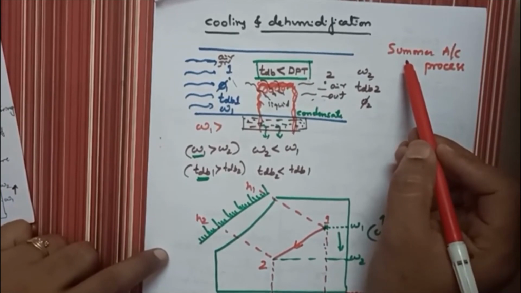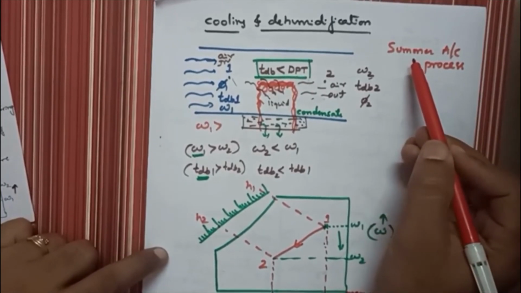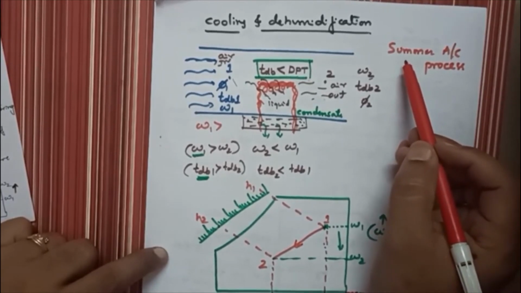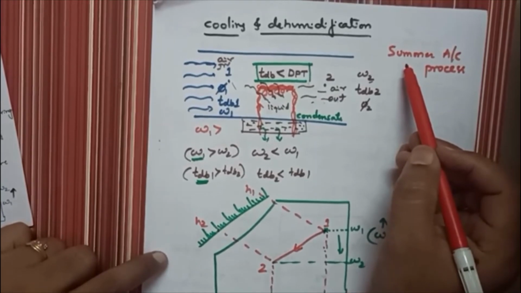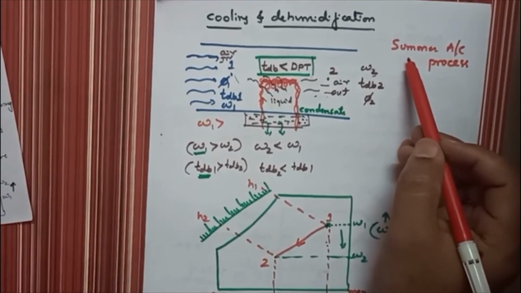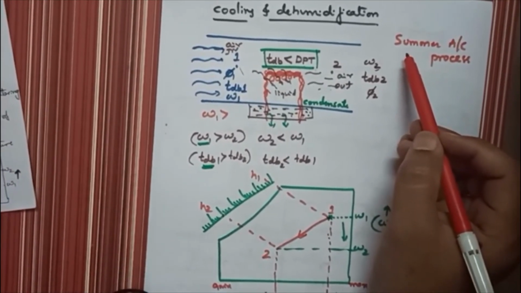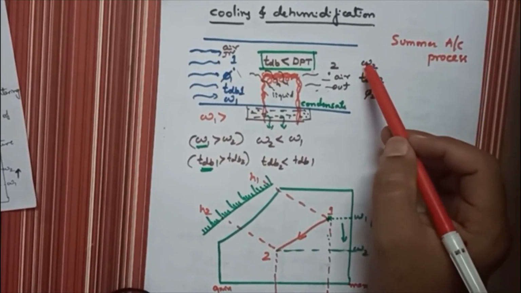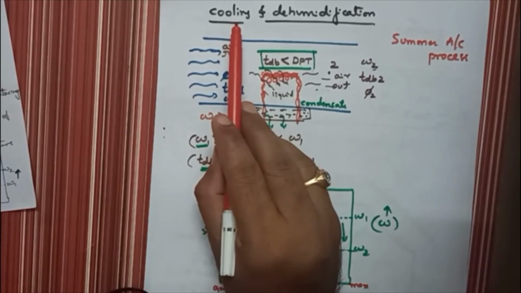At high temperature, for example 40 or 45 degrees Celsius, we will feel uncomfortable, we cannot do our work properly. So the surrounding temperature should be 25 to 27 degrees Celsius on average. To reduce the temperature from 45 to 25, cooling is necessary.